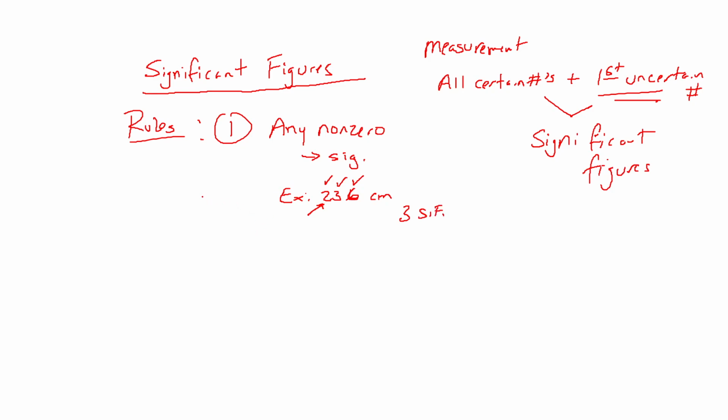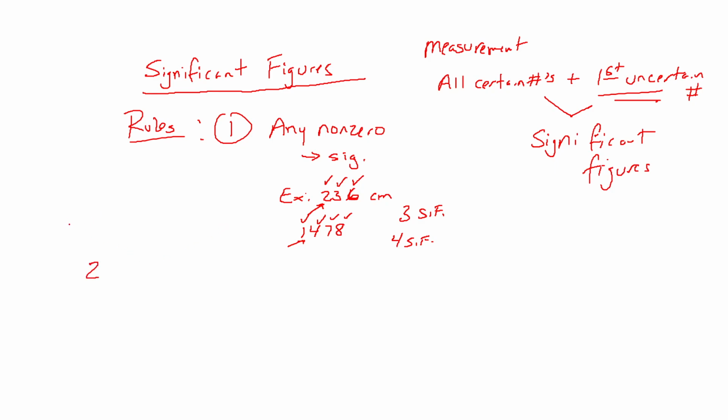If we had 1, 4, 7, 8, starting left to right, that would be significant, significant, significant, significant. This would have 4 significant figures. So any non-zero is always going to be significant. Always start counting left to right, and you always start counting once you hit the first non-zero number.